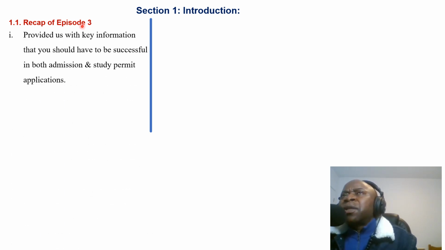One of the key pieces of information we provided is the key information you need to have in order to be successful in both admission and study permit application. That's number 1.